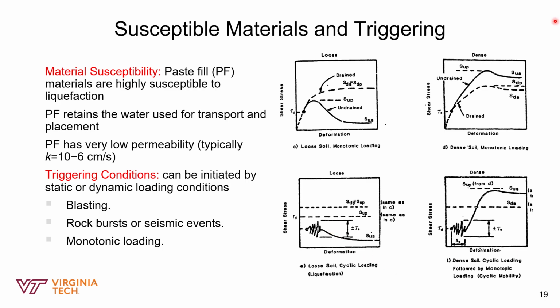Now for dense soil, the material is generally dilative, which means that it tends to increase in volume when sheared. So under monotonic loading of the dense soil, the shear strength reaches a peak, that is the SUP, and then reduces slightly to the SUS, but it remains high.